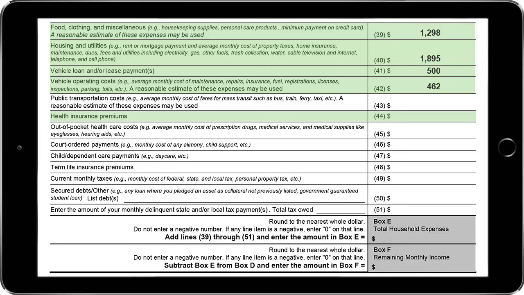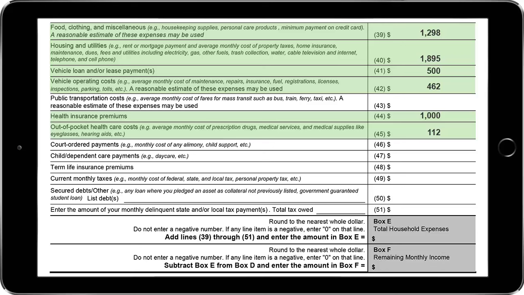These fictional taxpayers pay $1,000 a month for their health insurance premiums and are allowed $112 a month for out-of-pocket health care expenses. Again, the out-of-pocket health care expenses on line 45 come directly from the standards. You can use the numbers from the standards even if you pay less, as that's the standard allotment.